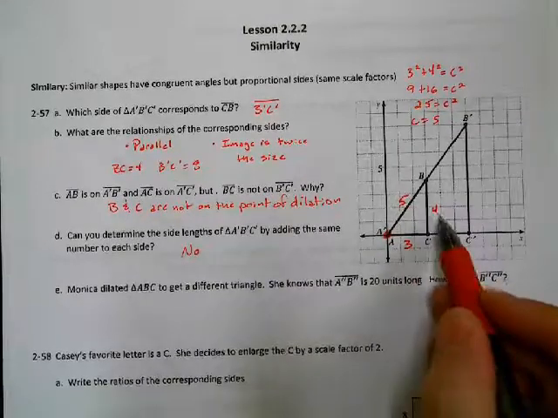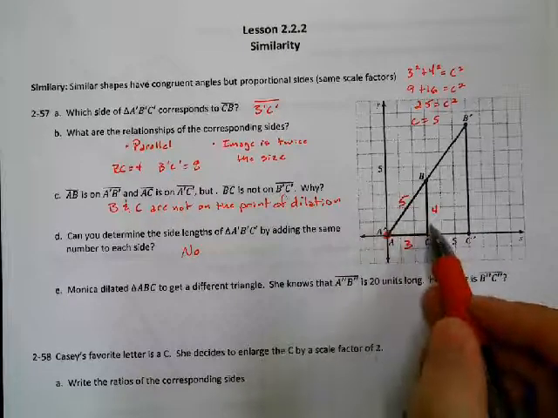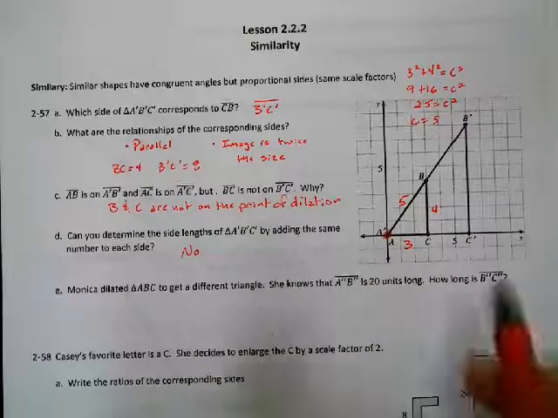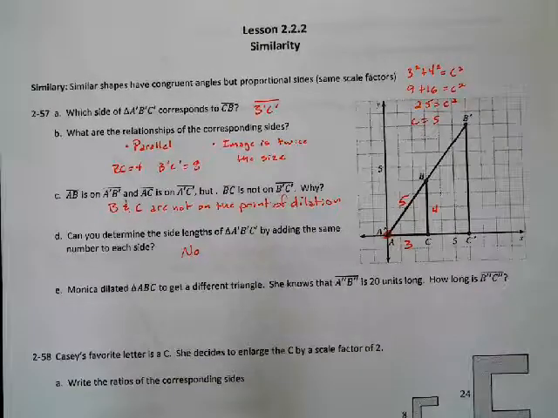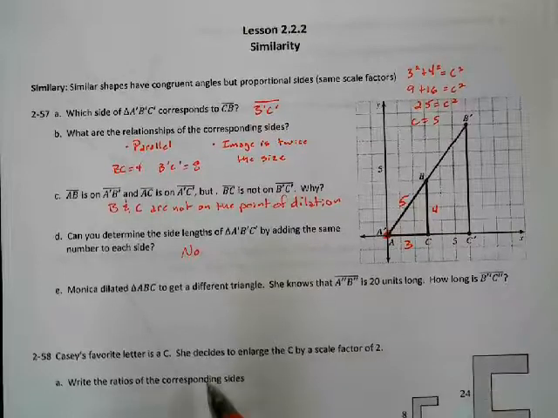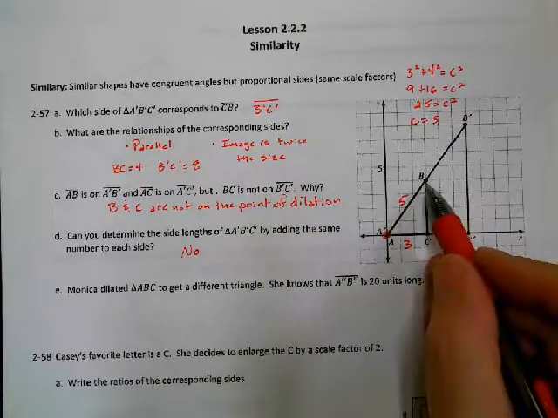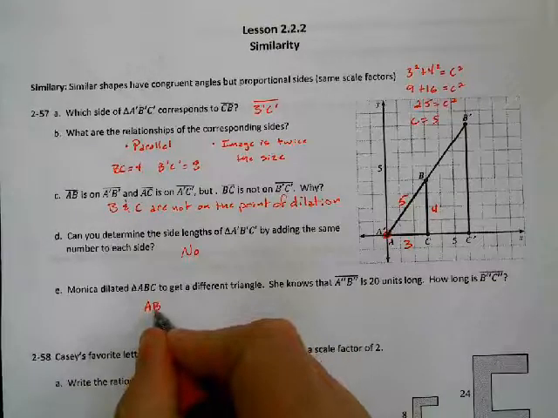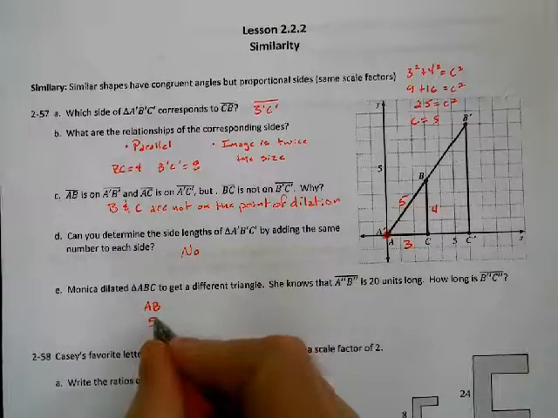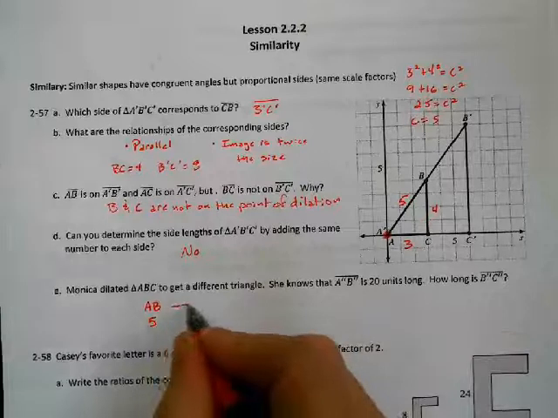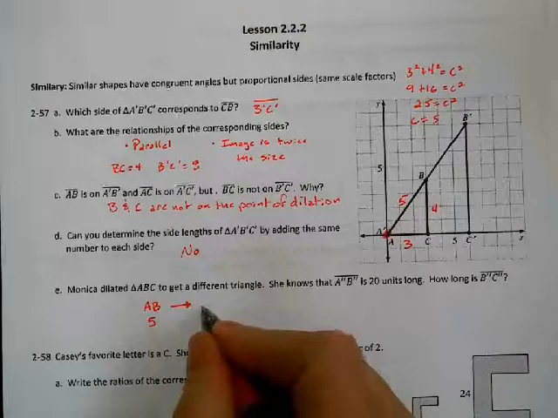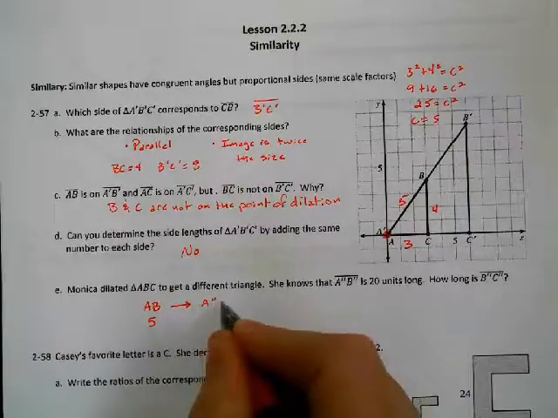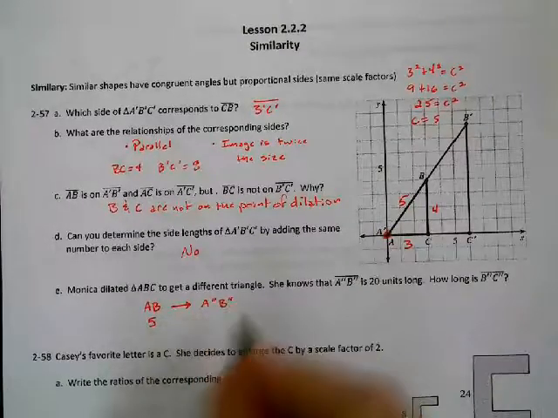It's something that you should have covered last year with your triples. So 3, 4, and 5 is a pattern of the Pythagorean theorem. So here we go. We know that AB, the original, is 5. Now it says that Monica dilates it to make A prime prime B prime prime to get 20.